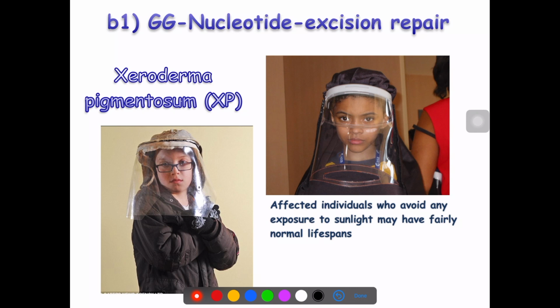These two young kids have been protected their entire lives from any type of exposure to UV light, and as you can clearly see here in these two pictures, their skin looks absolutely normal. And that's simply because the main type of DNA damage that is repaired by nucleotide excision repair is cyclobutane rings, the type of damage that is associated with exposure to UV light.